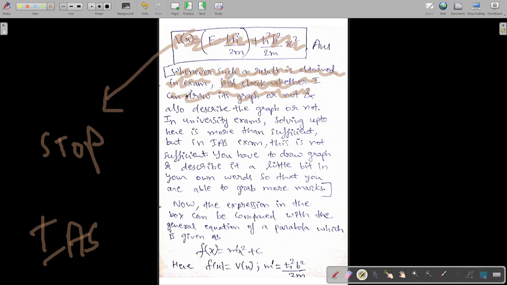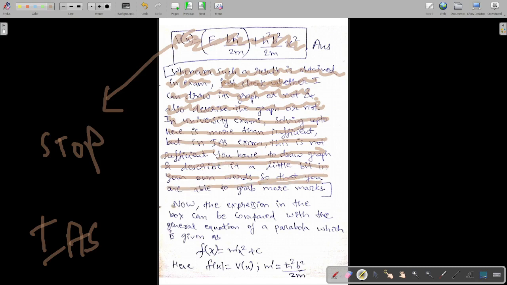Just check whether I can draw its graph, or describe the graph a little bit, or describe the equation a little bit. In university exams, solving up to here is more than sufficient, but in the IAS exam this is not sufficient. You have to draw the graph and describe it a little bit in your own words, so that you are able to grab more marks. You have to do this in the IAS exam.